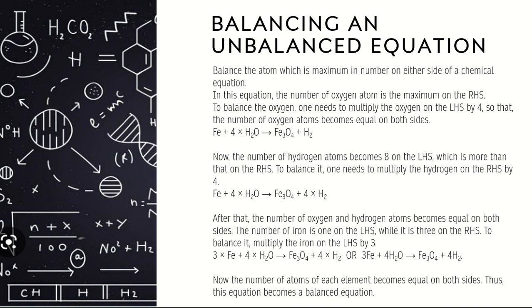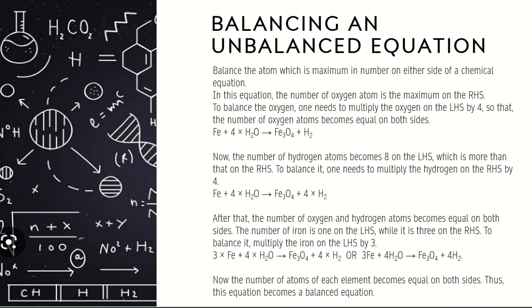So here, we can multiply the H2O by 4 to make the oxygen atoms equal the number of oxygen atoms on the RHS. So there are 4 oxygen atoms. Now when you multiply H2O by 4, the number of hydrogen atoms becomes 8 on the LHS. So to balance it, you need to multiply the hydrogen on the right hand side by 4.